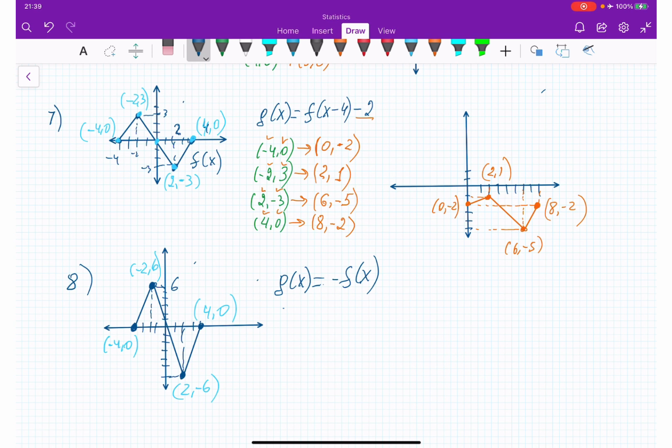Which means, since my f of x is y, I am going to build -y, which means every single y, I'm just going to flip the sign. Okay? Let's see. So I have -4 and 0. I have -2 and 6. I have 2 and -6. Let me fix this.